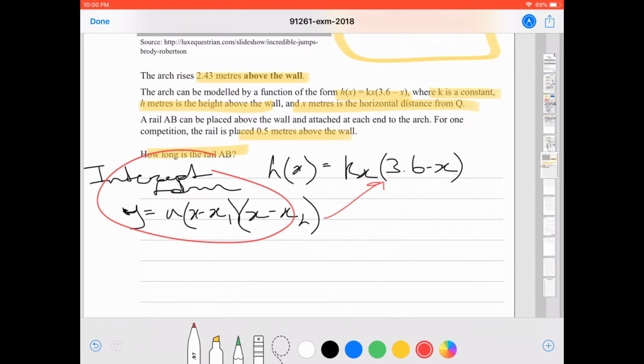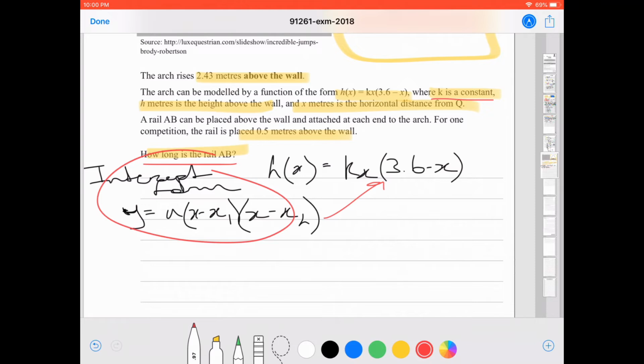Now k, we've got two variables, so we can't go ahead and solve for x straight away, but k is a constant according to the question. K is a constant, and so we actually want to find the value for k before we go ahead and find how long our rail AB is. So how are we going to do that?